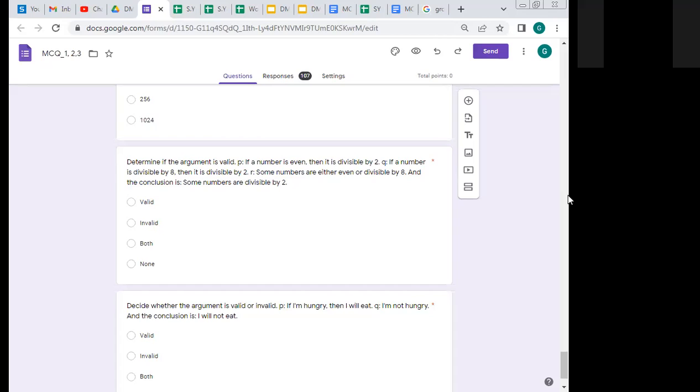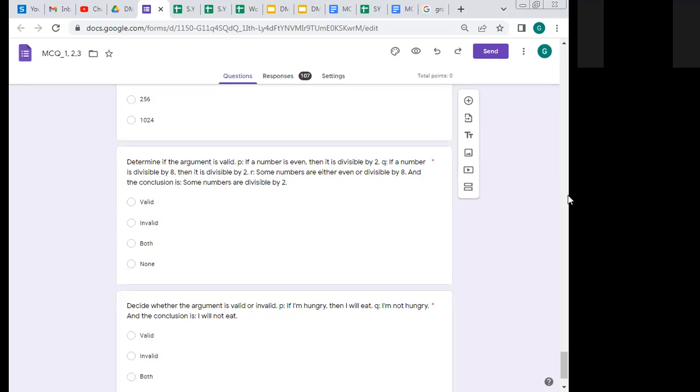Ending with the conclusion, some numbers are divisible by 2, that is B, we have to show P and Q and R implies B.